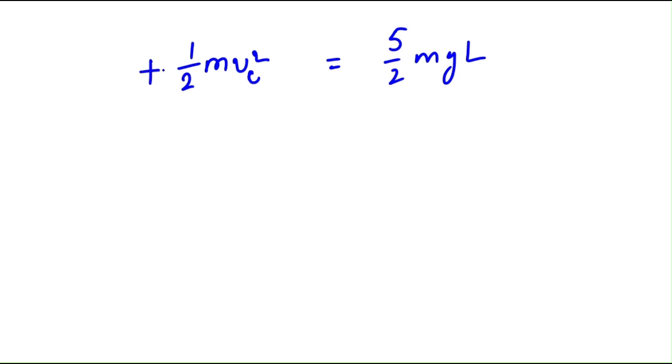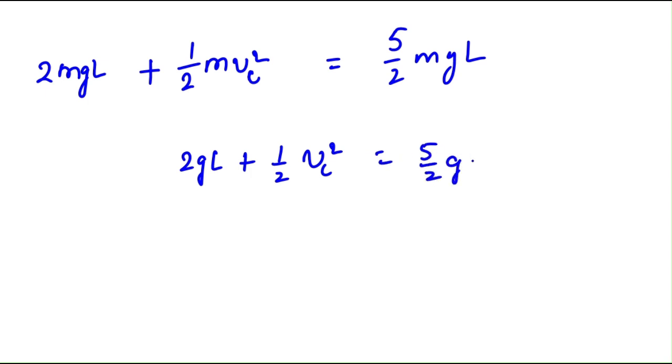So at point C, total mechanical energy is the same 5 by 2 mgl, and at point C, kinetic energy will be 1 by 2 m v_c square plus potential energy will be 2 mgl, as we have already seen. So we will have 2gl plus 1 by 2 v_c square equals to 5 by 2 gl.